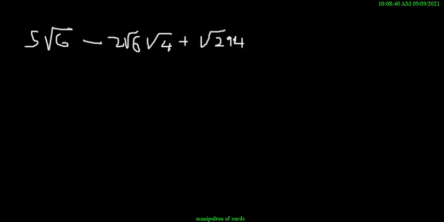So let's try this: 5 root 6 minus 2 root 6 with other terms. How can we simplify this one? We've got 5 square root of 6, so this should act as a guide.